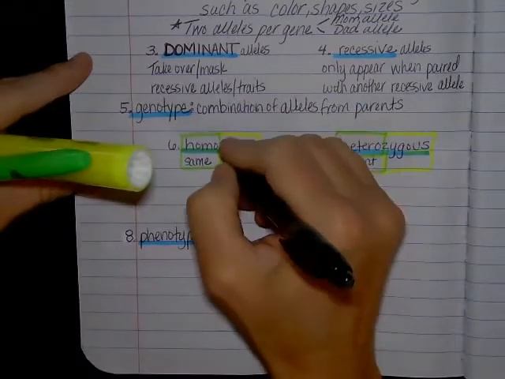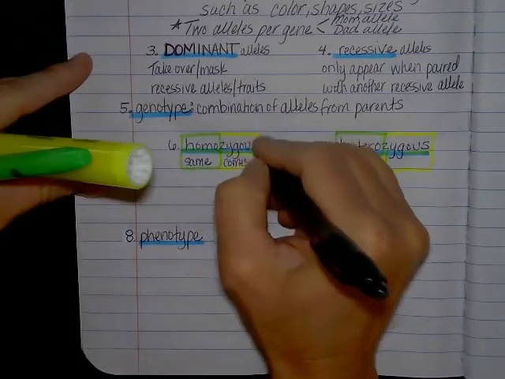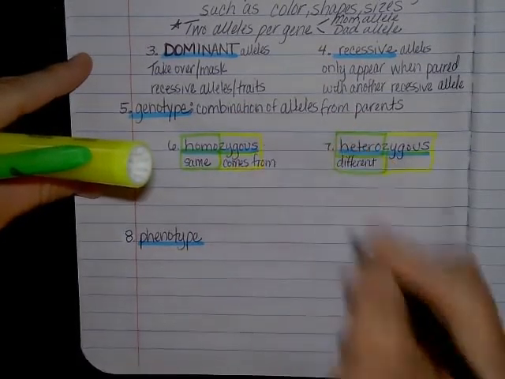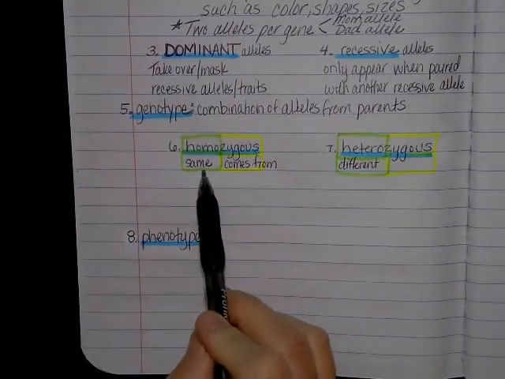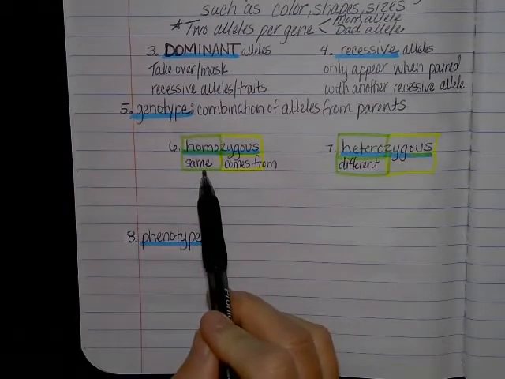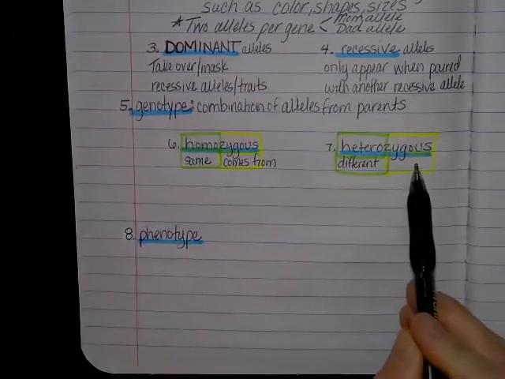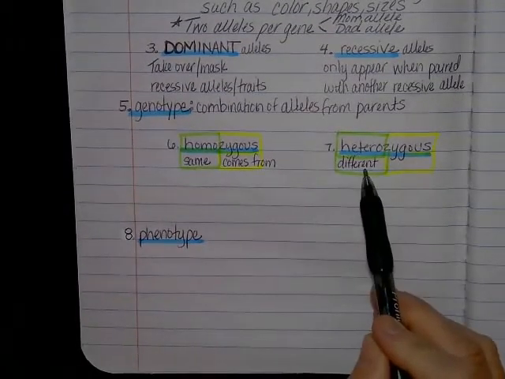So zygous means comes from. Okay? So homozygous means they come from the same, and heterozygous means they come from different alleles.